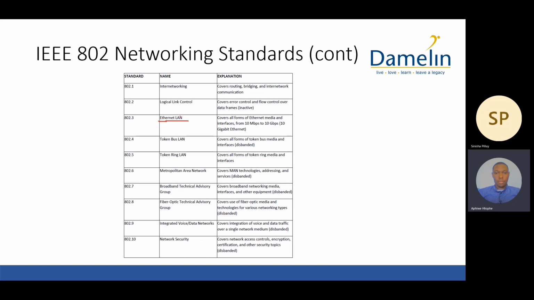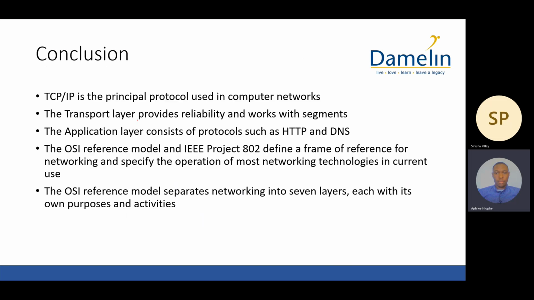I may have duplicated this by mistake, but I was looking for the wireless LAN set of standards. Either way, the important thing to take from this is that the IEEE 802 sets of standards define what mediums are used to transmit data through a network. It can either be through wireless means or wired means. And if you're talking about wired connections, Ethernet is one popular example, which is 802.3.